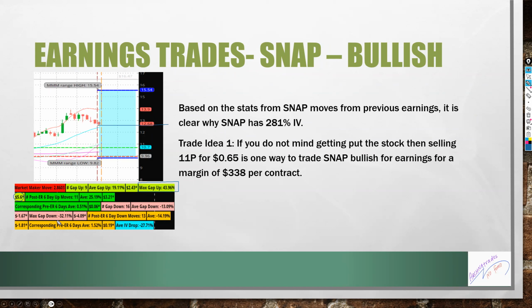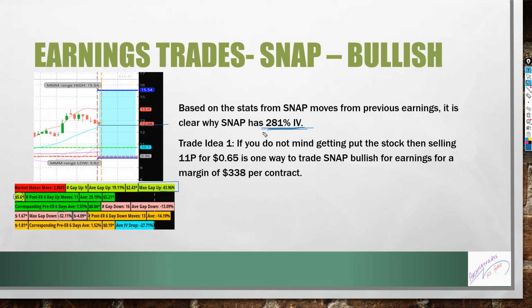Maximum gap down it has had is 32%, which is around $4. So this 281 IV is definitely worth it, in the sense that the market maker knows these kinds of moves can happen. That's the reason the market maker has jacked up the IV so high.